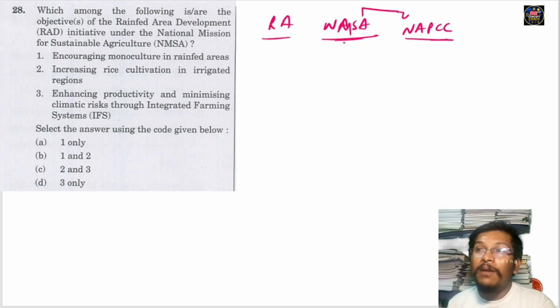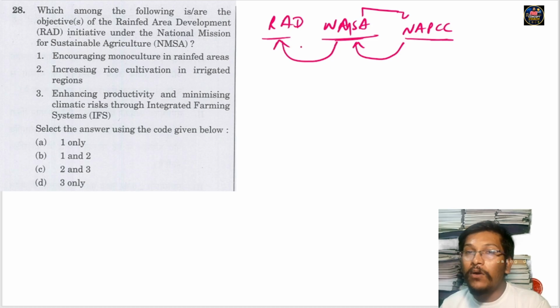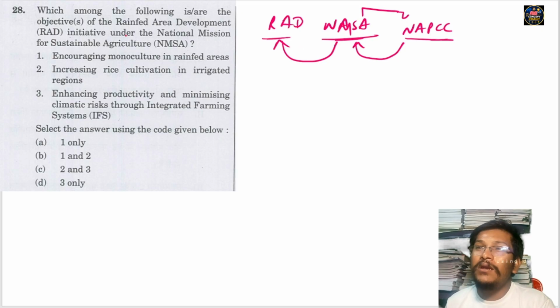So NMSA is one of the programs under NAPCC, and RAD, Rainfed Area Development, is one component under the NMSA. This is the background we must know to attempt this question. Now, coming to statement number one: encouraging monoculture in rainfed areas.